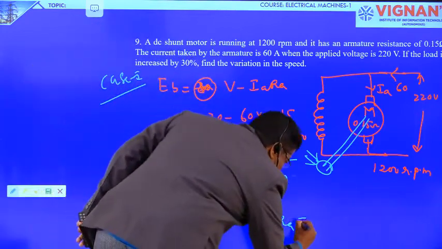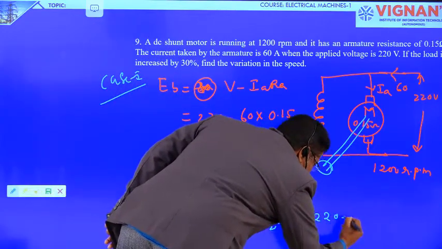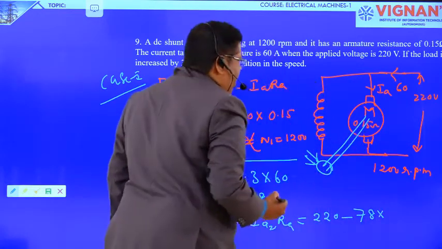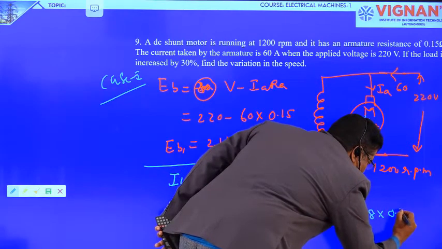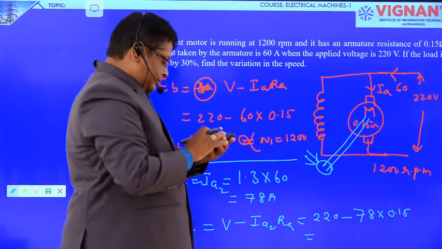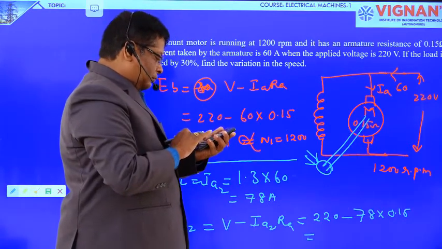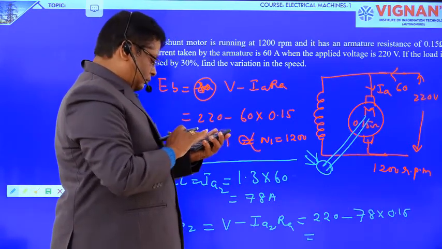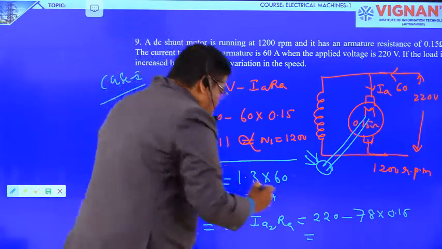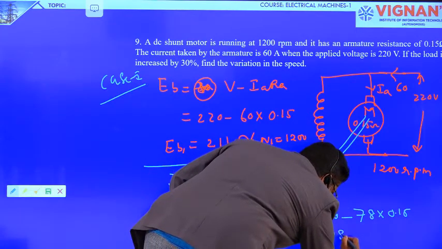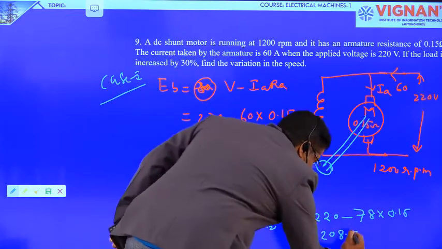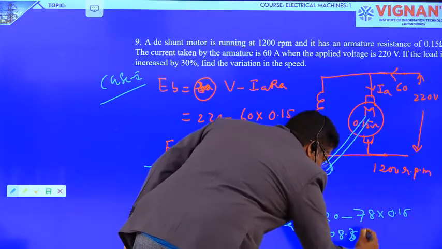Now, this is equal to 220 minus 78 into RA value, which is 0.15. Now, we are getting 208.33 volts.